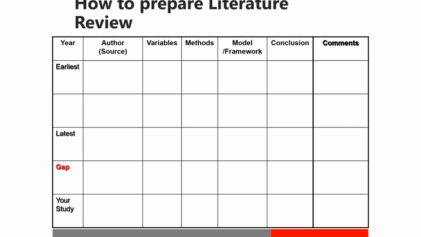In the comment section, you may highlight the strength or the weaknesses of the paper. You may arrange your literature search according to year, starting with the earliest to the latest, and you highlight the gap. Having this type of table will guide you to prepare a critical literature review later.